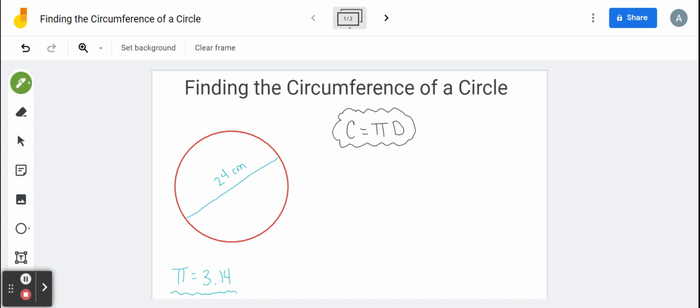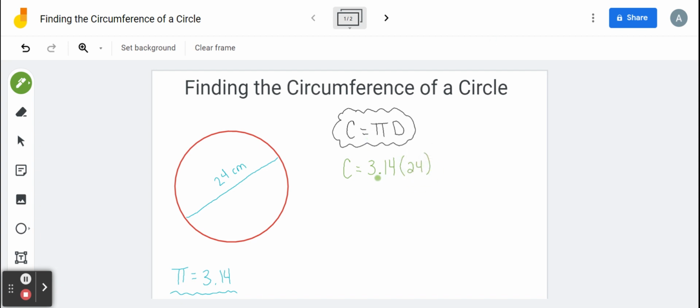We're wanting to find the circumference of the circle when given the diameter of 24 centimeters. So we're just going to use the formula. We're trying to find the circumference. We know that pi stands for 3.14, and then we're just going to substitute d with 24 because that is the diameter.